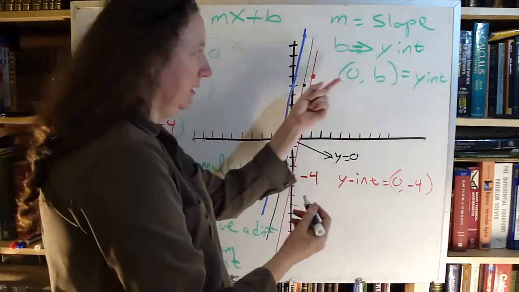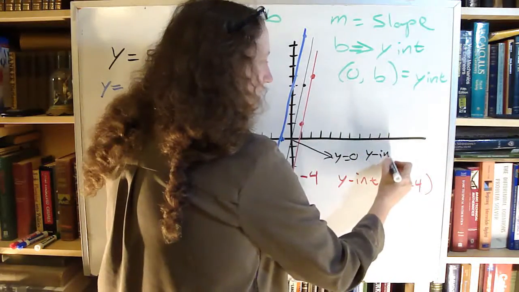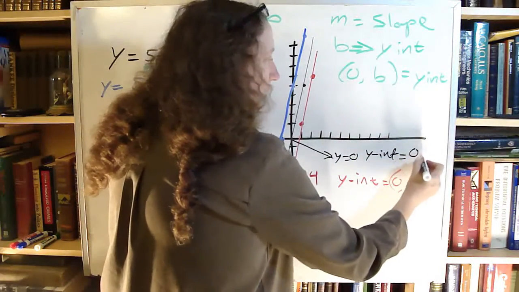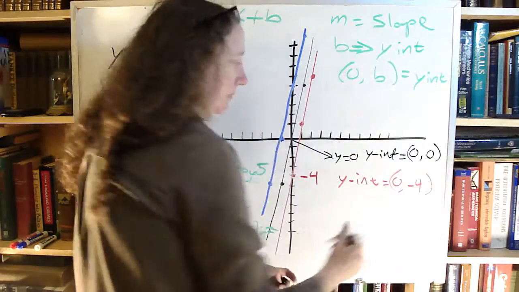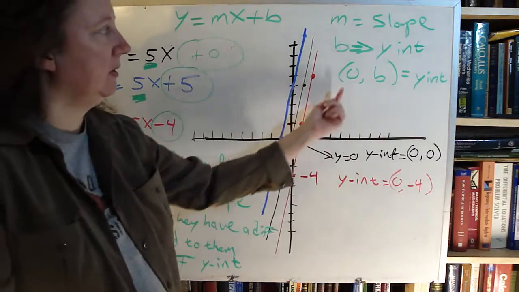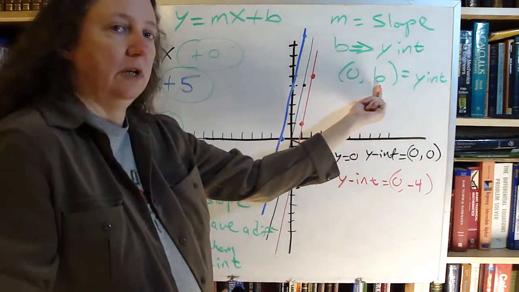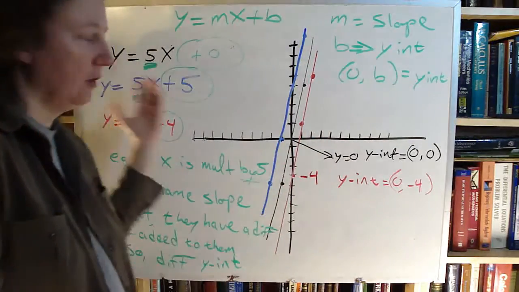So my y-intercept for my black line is 0, 0. One of the things you're going to notice with any y-intercept, the first digit is always 0. The second one changes, depending on what our equation is.